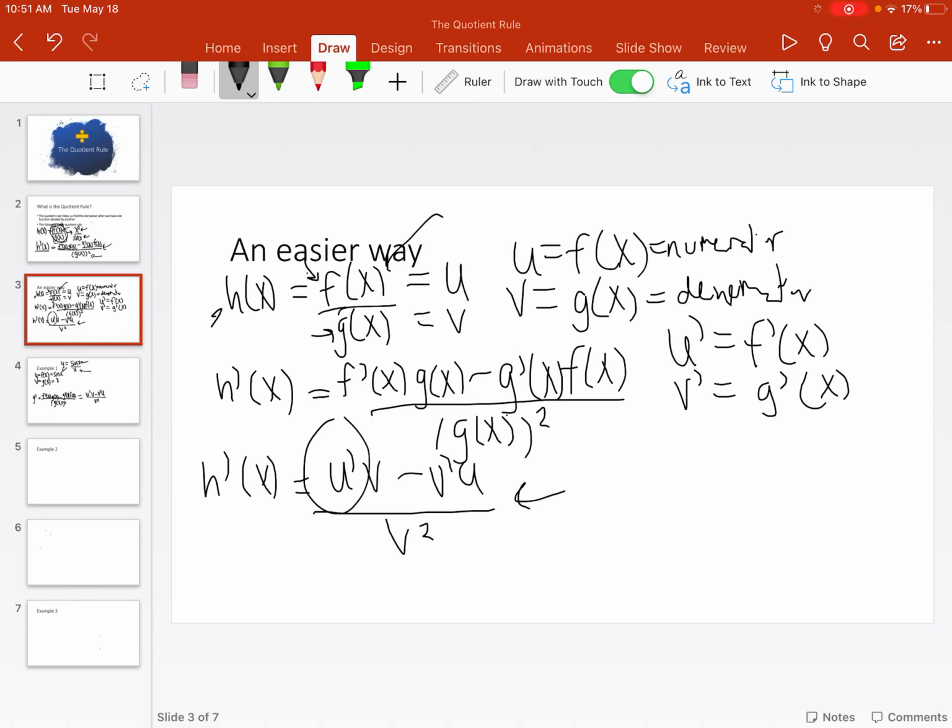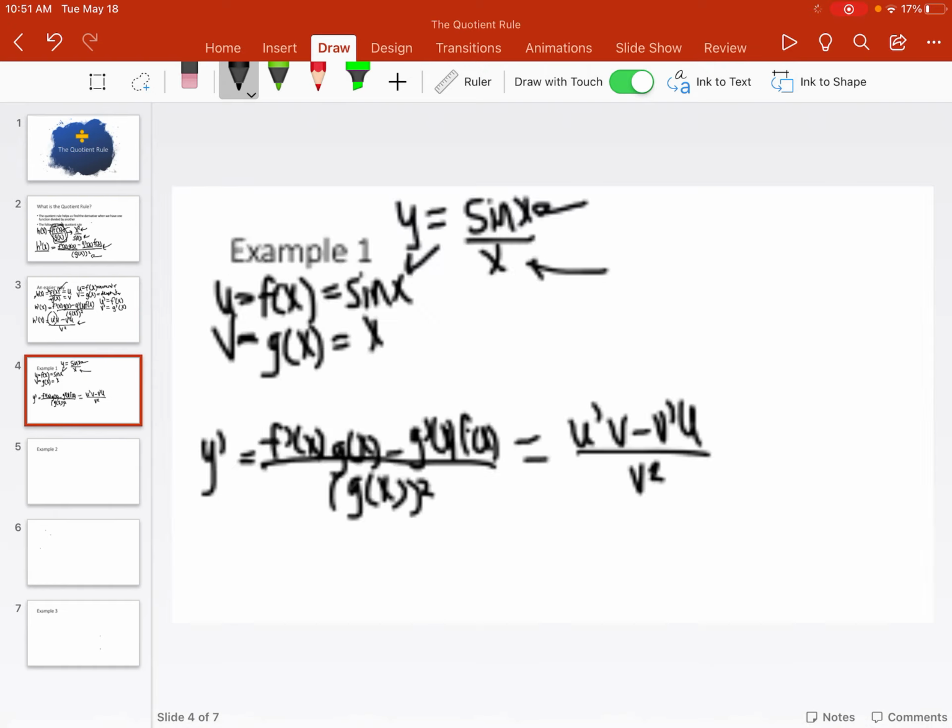You might think, which one do I take the derivative of first, the numerator or the denominator? The numerator's on top, so you start with that. You take its derivative first, and then you multiply by the denominator, then minus the derivative of the denominator. Now it's the denominator's turn to have its derivative taken, times the numerator. So you're working top to bottom.